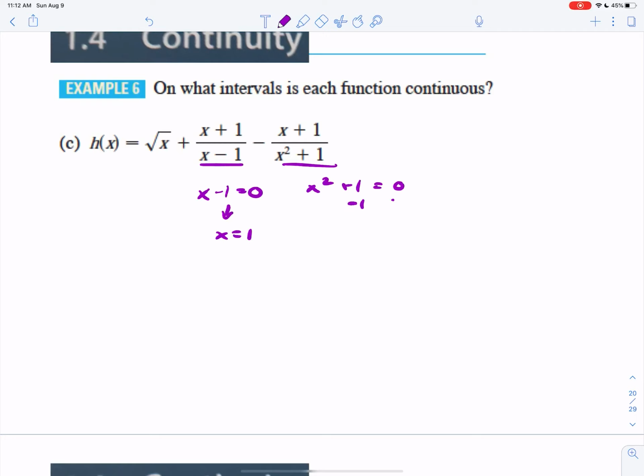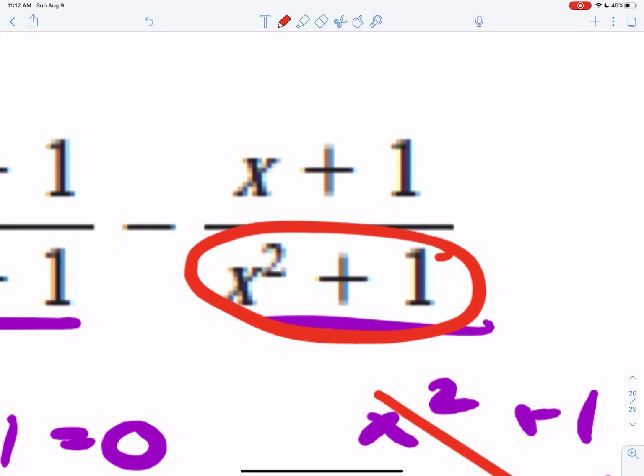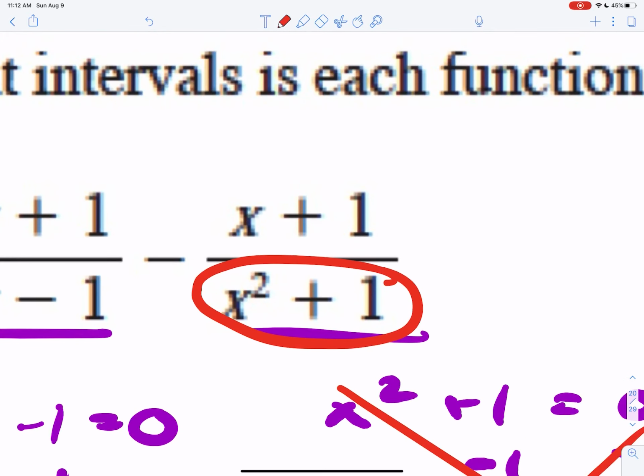Over here, I'll do this quickly. X squared equals negative 1. I end up square rooting, but then I deal with something imaginary, so it's not defined here. Okay? Here's what this means, you guys. Really, if you think about it, if you take any number and you square it and you add 1 to it, there's no way that it's going to go to 0.